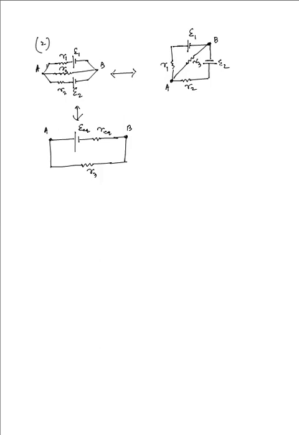Now the currents that will be produced are I1 and I2 from the two EMFs, and that will combine to give me I, and that I will flow through this R3 as well.